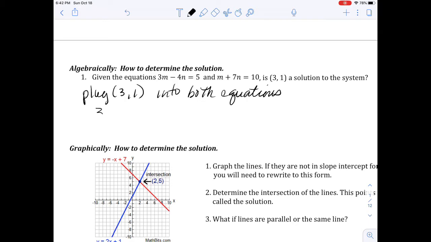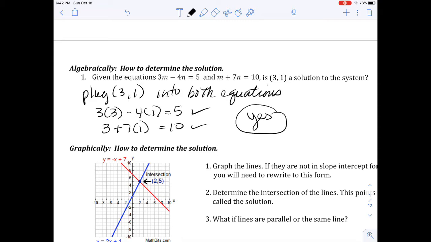So that's going to be 3 times 3 minus 4 times 1 equals 5. So that's 9 minus 4 is 5. That checks. 3 plus 7 times 1 equals 10. That checks. So yes, that means (3, 1) is a solution to that system of equations.